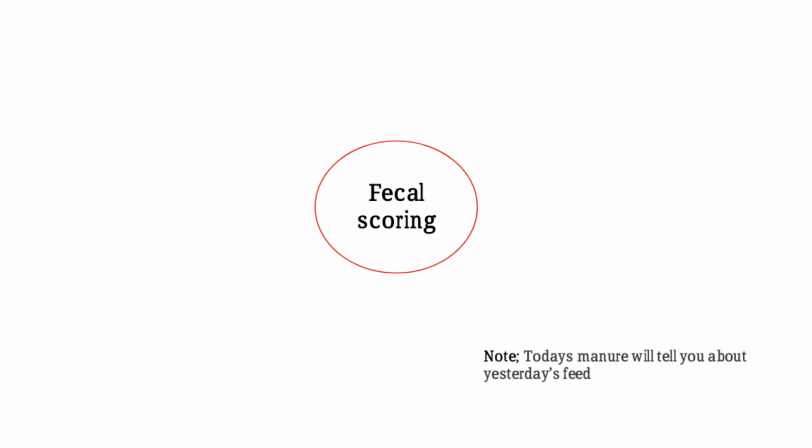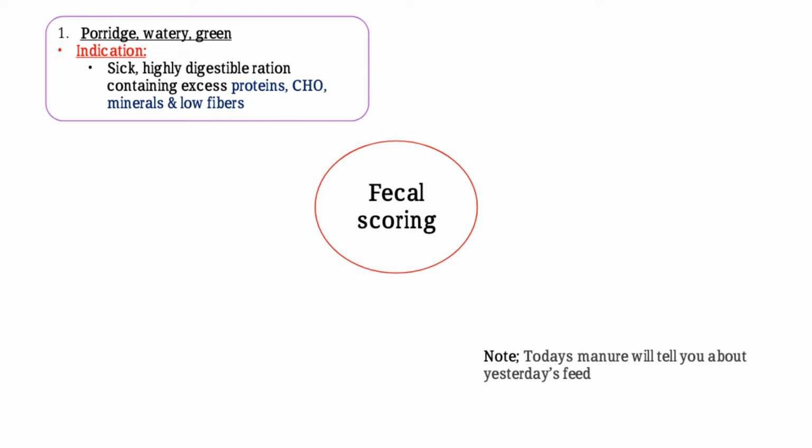Fecal scoring. Fecal score 1 is porridge-like, watery or green in color, which is an indication that the animal is sick or has eaten a highly digestible ration containing excess proteins, carbohydrates, minerals, and low fiber content. This is the characteristic for score 1.